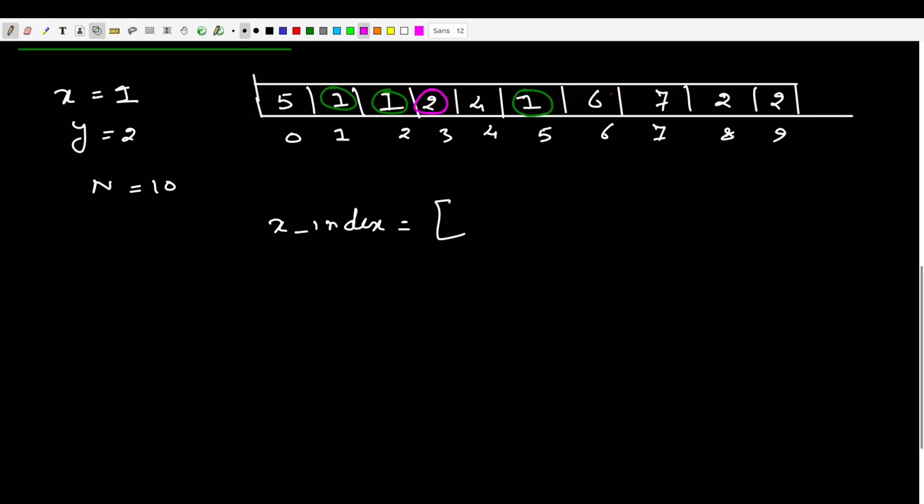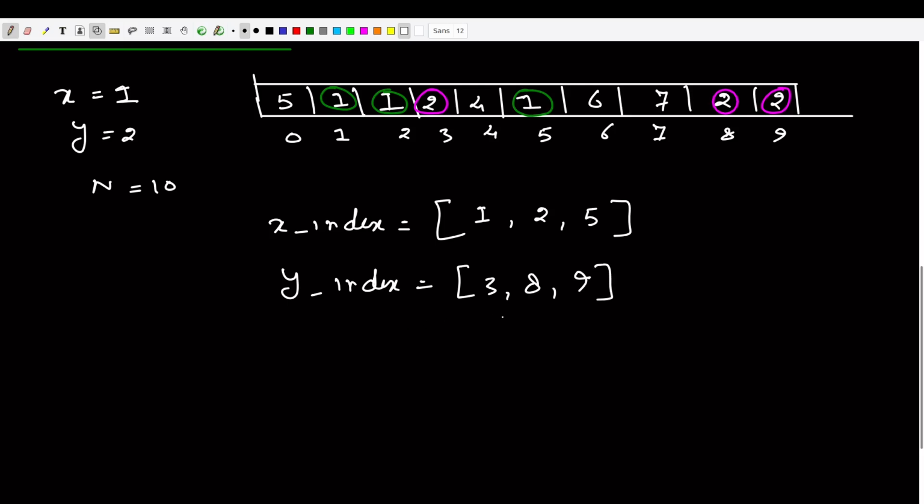Y is 2, here, here and here, right? So the indexes of x are 1, 2 and 5, whereas the indexes of y are 3, 8 and 9.